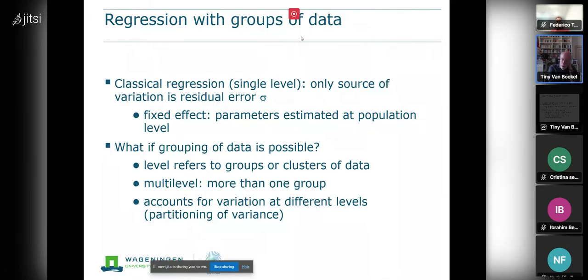The level in the word multi-level refers to groups or clusters of data. And multi-level then means, of course, that you have more than one group. The nice thing about multi-level modeling is that we can actually distinguish between variation within a group and between groups. What we are basically doing is partitioning the variance that we observe.